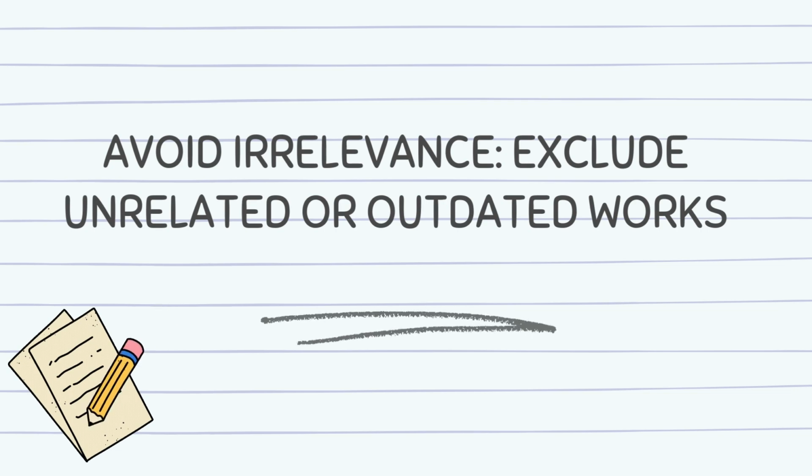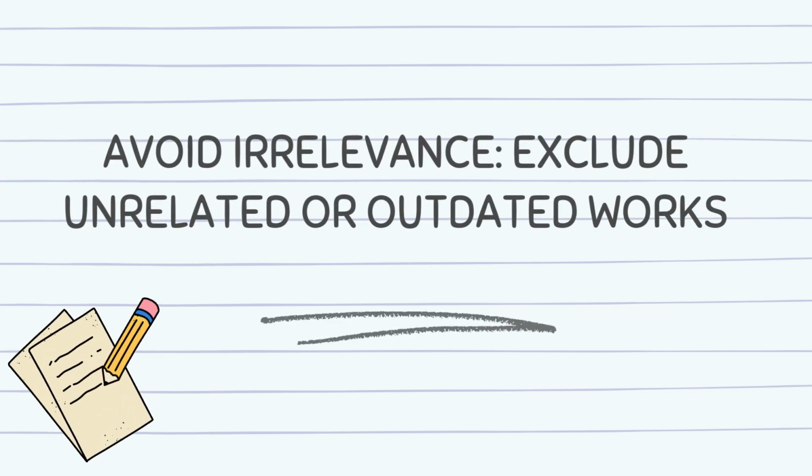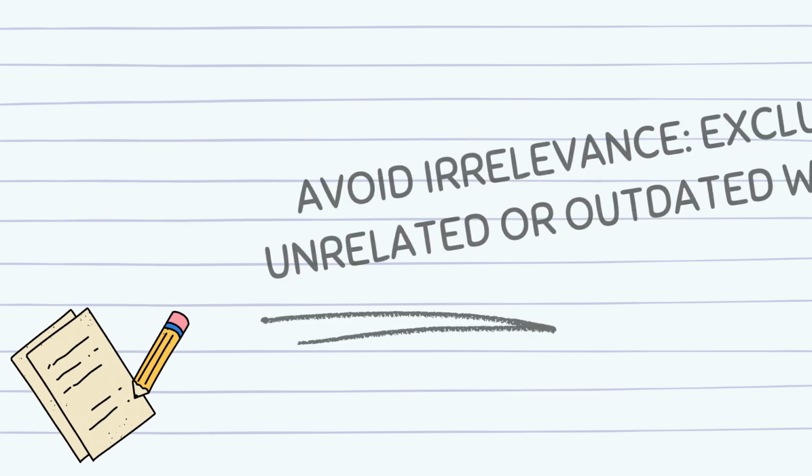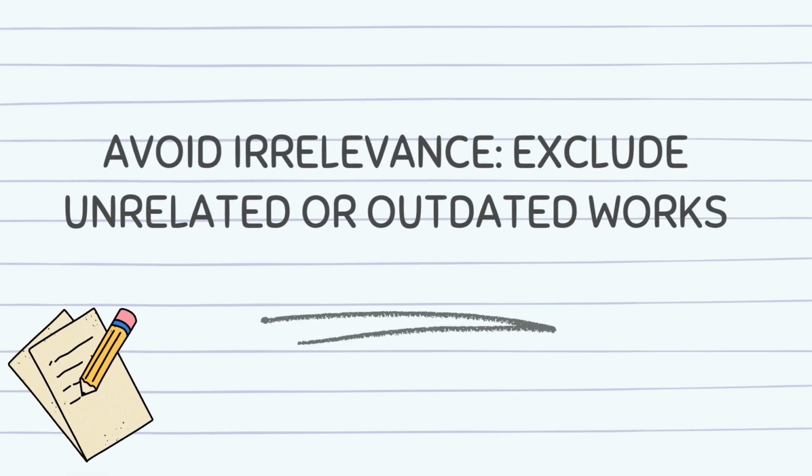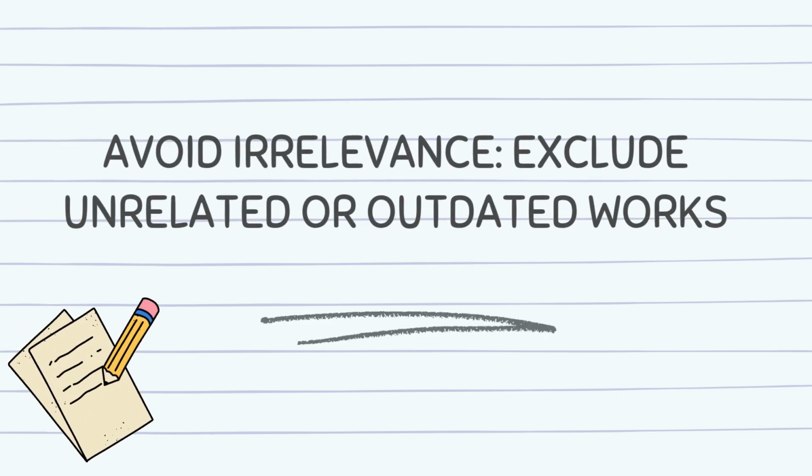2. Prioritizing recent and high-quality sources. The relevance of research is highly dependent on its publication date and credibility. While older works may provide historical context, most of the literature should be recent to reflect current knowledge and advancements. This is especially important in rapidly evolving fields like technology, healthcare, and education.